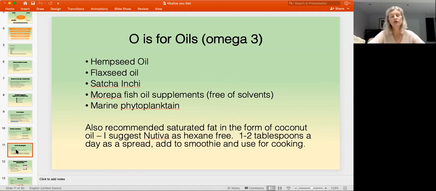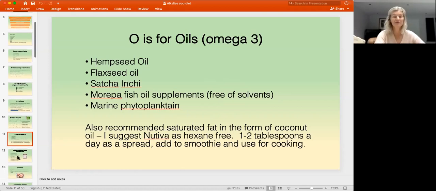Coconut oil doesn't heat up to such high temperatures as other oils, so it's safer to cook with. But there are other oils. Avocado oil is another oil that is safe to cook with. But generally a lot of the good quality oils, the best way to use them is actually to use them cold, and then you get the full benefits of them.